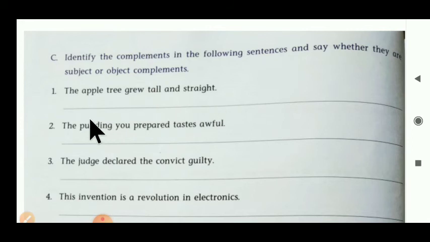Now the second sentence we have to see: The pudding you prepared tastes awful. Here in that sentence we are discussing the pudding, but here with taste we are discussing taste also. Awful is a complement here.